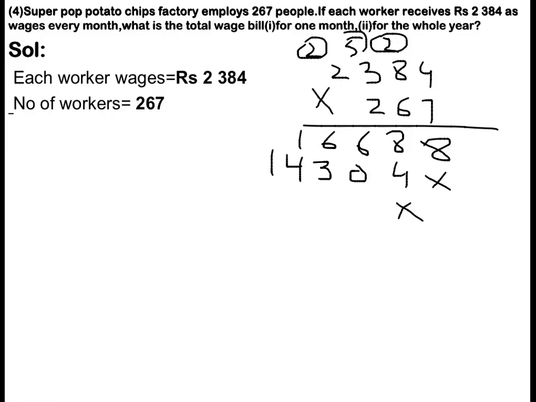The next: 2 fours are 8, 2 eights are 16, 1 carry. 2 threes are 6, 7, 2 twos are 4.